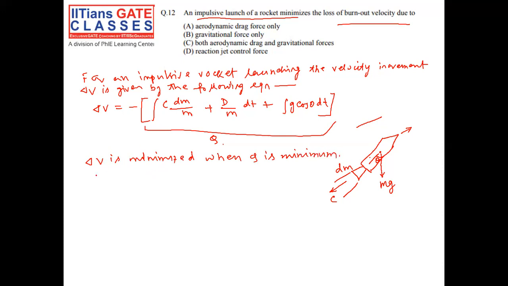Now, if Tb is the burnout time, for impulsive launching, Tb is reduced, right? And the velocity is higher.